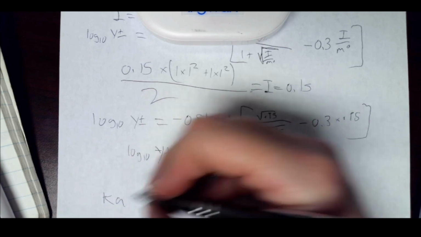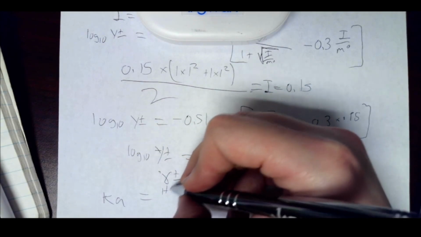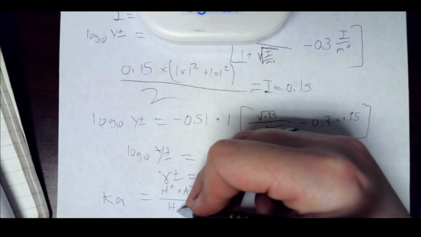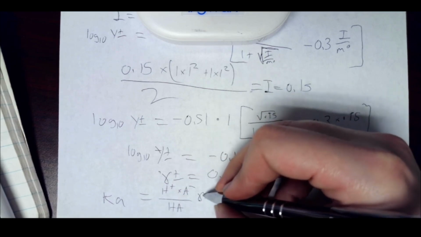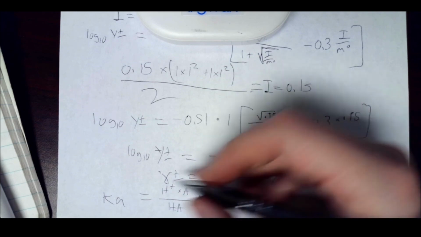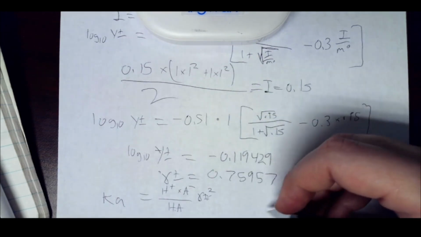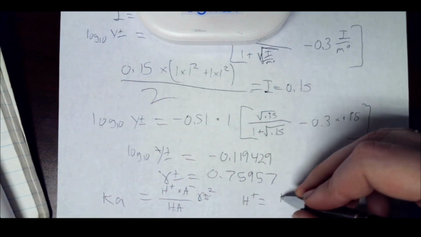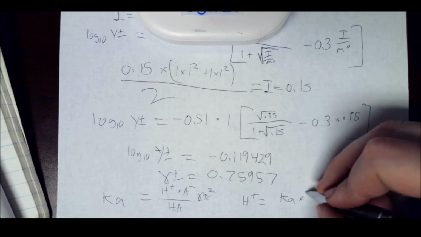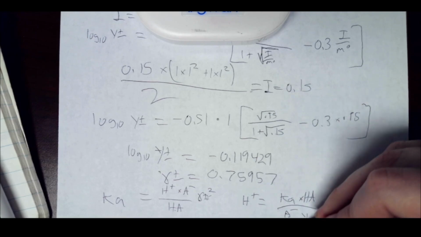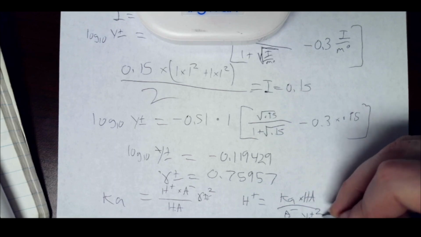Now Ka equals H plus times A minus all over HA, times the activity coefficient squared. We know all of these, so we're just finding H plus. H plus is going to be Ka times HA over A minus, over the activity coefficient squared.